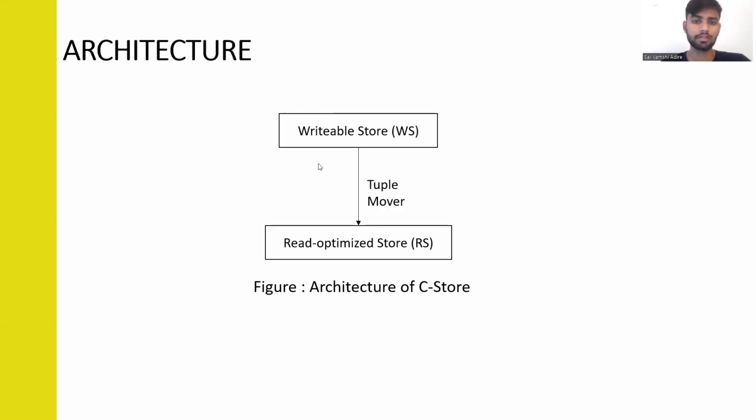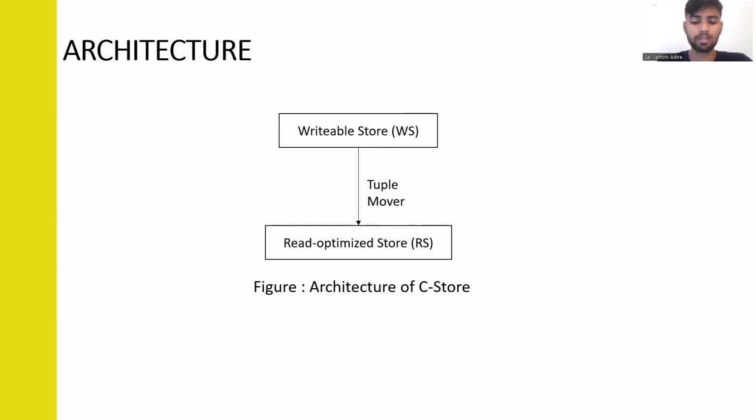The writable store is a small component at the top level, designed to support high performance inserts and updates, and there is a much larger component known as the read optimized store, referred to as RS, which can support a very large amount of data.